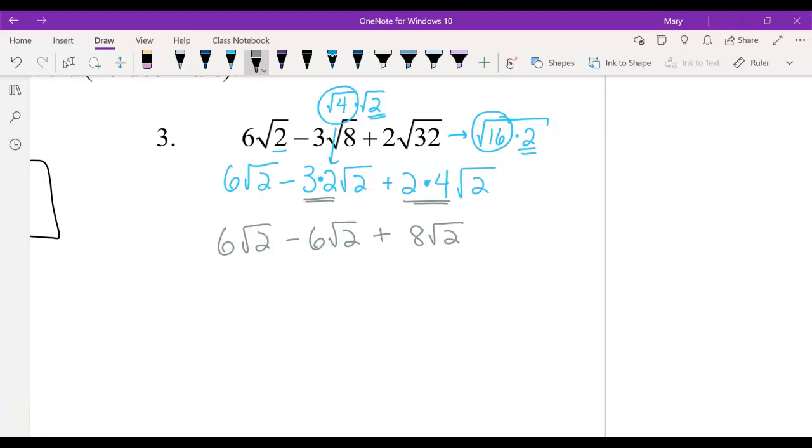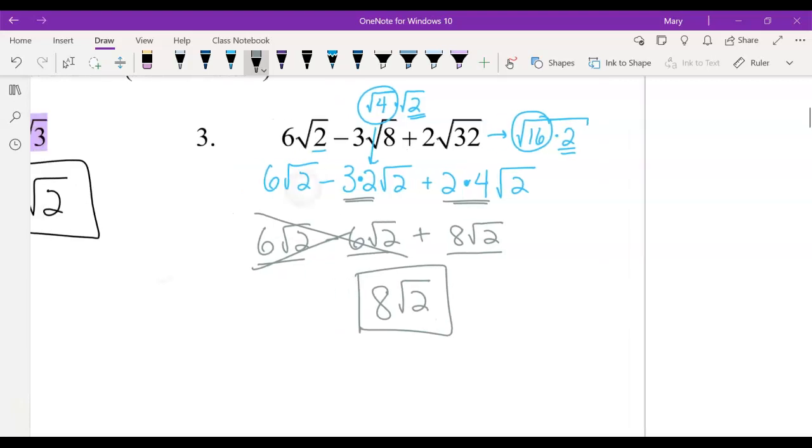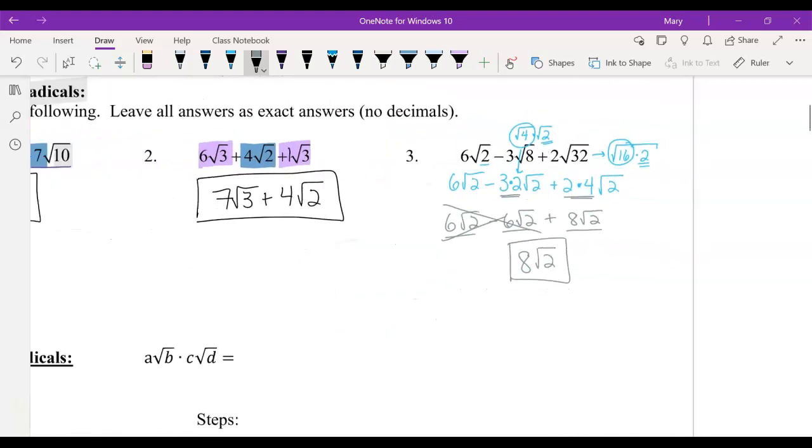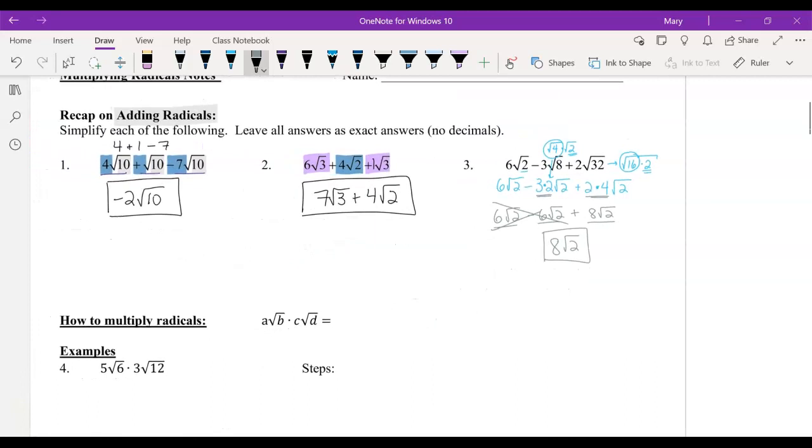After that, you look for your like terms, and all of these happen to be root 2s, so we can combine them together. So 6 root 2 minus 6 root 2, those two completely cancel out, and you are left with 8 root 2. So for adding radicals, find the like radicals and add them together. Sometimes you have to simplify first, though.